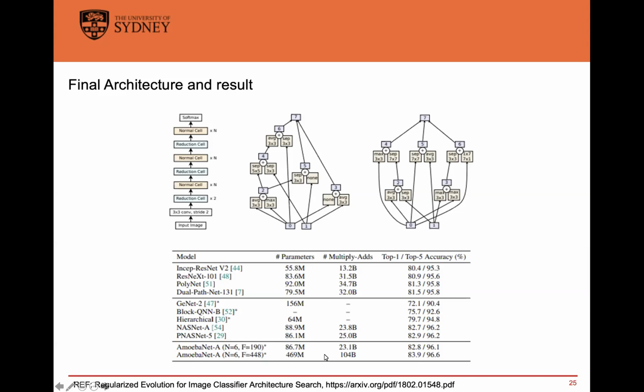And the one here, the extremely big one, where you see the parameters are 469 million. That's when they did this on their Google in-house data set with 300 million images. And then they did a search on that, and those are the results they're getting. So they're just showing you that even with increasing data to an absurd amount of computation power, the improvement in accuracy is not as much.